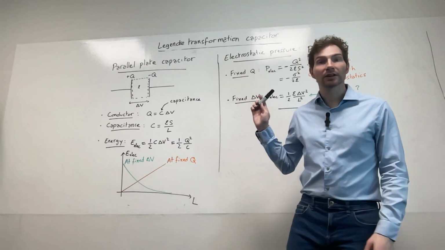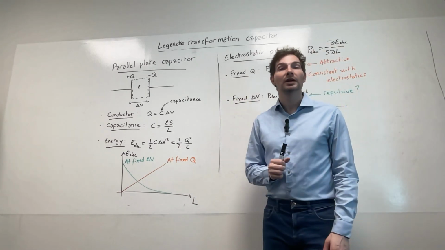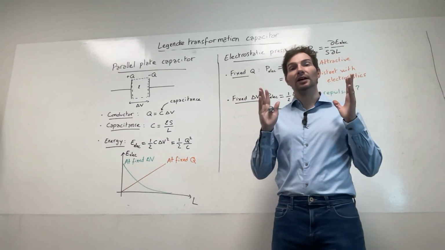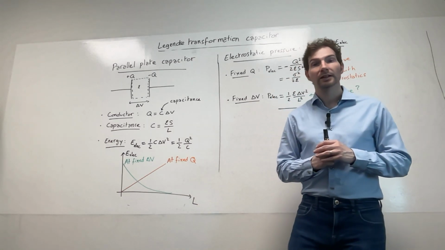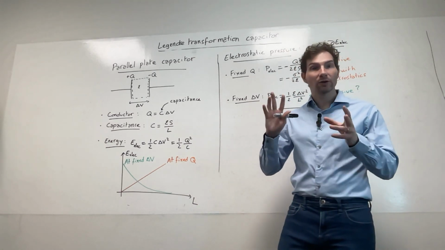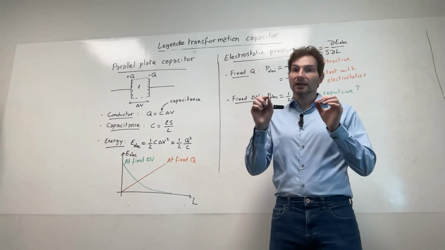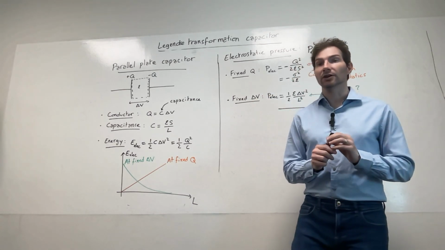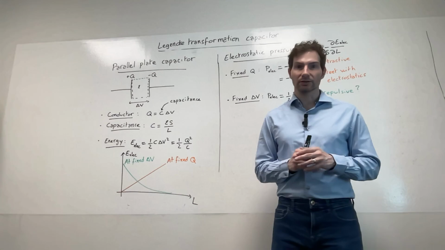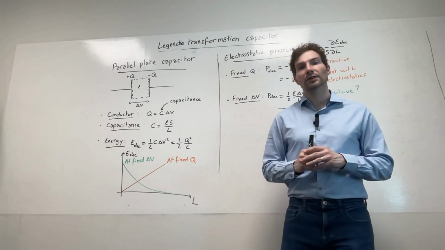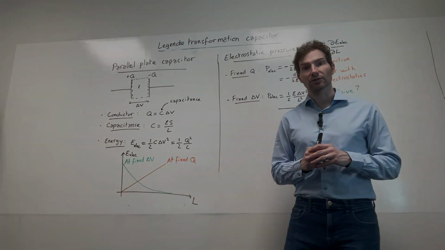In this case, it's a famous example of the plate capacitor in electricity, and how misunderstanding what we are doing can lead to paradoxical situations that are resolved by using a Legendre transformation.